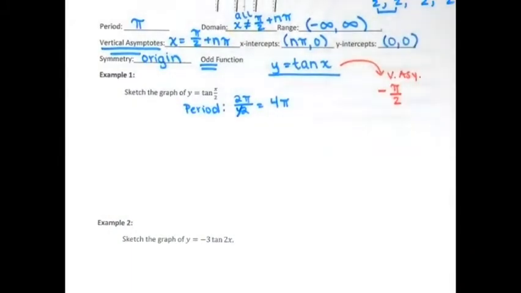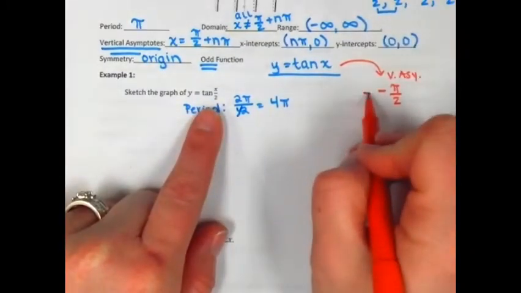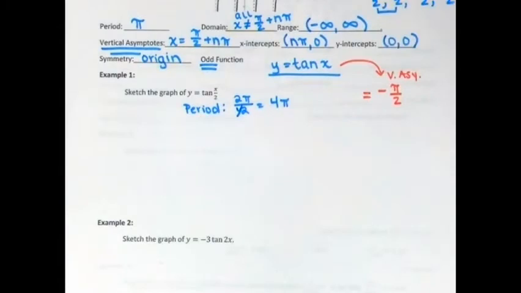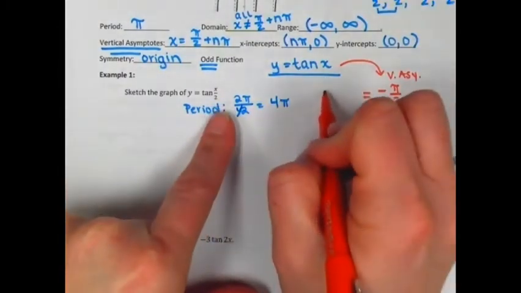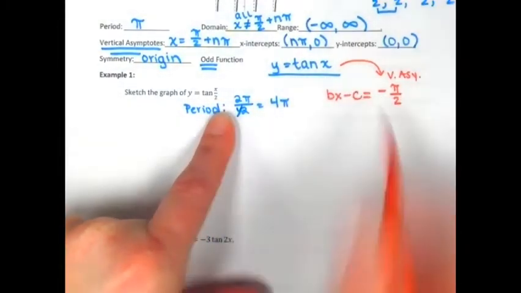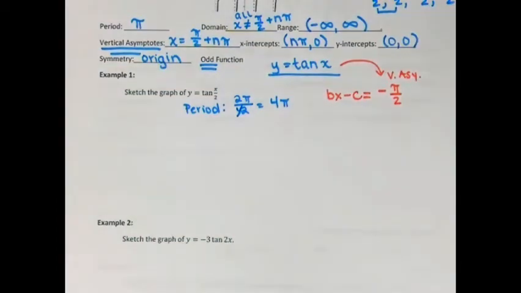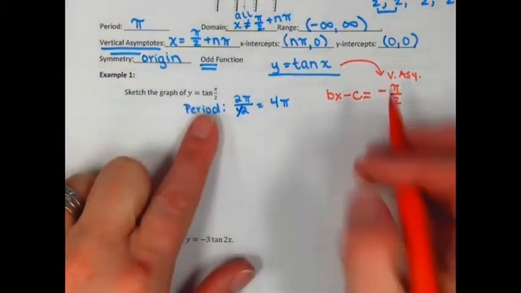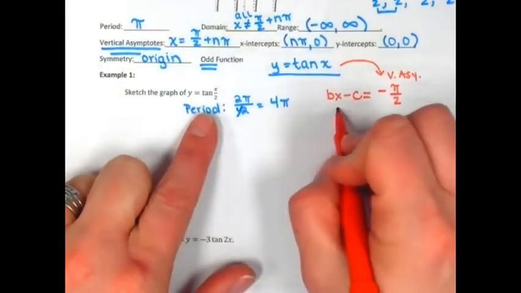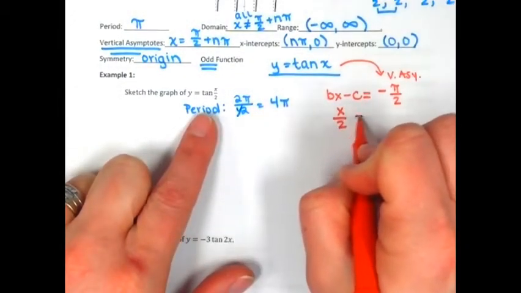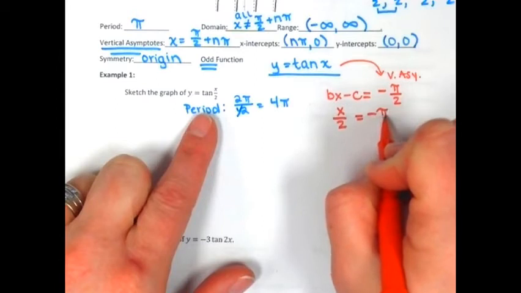To figure out our transformation, we're looking at bx minus c equals that, right? So our bx is just x over 2. We don't have a minus c, right? Equals negative pi over 2.